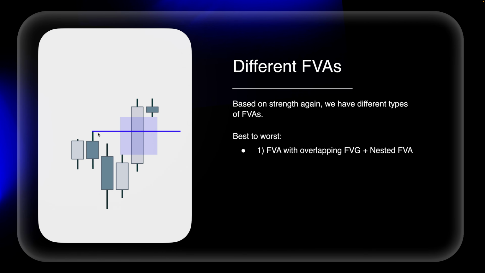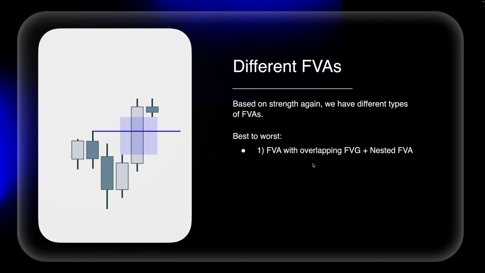So when we take out a swing point and we trade above a swing high, for example, if we want that to be a good fair value area, then we should create a fair value gap exactly overlapping with the high that we just took. Now, why is this? Because this shows a lot of strength in the market. Because if we don't create that fair value gap that is exactly overlapping with that fair value area, it's just weaker, because that fair value gap shows us the strength in the market.